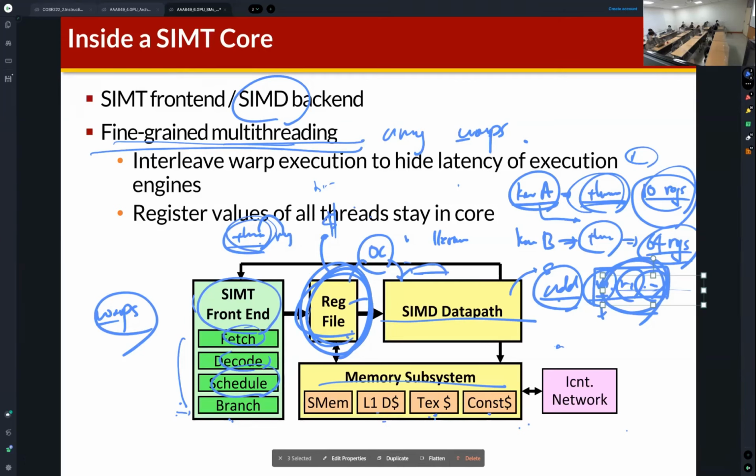Okay, and then this is the memory system. This memory system is connected to the lower-level memory partition, such as the L2, and the interconnection network. So this is the GPU SIMT core.